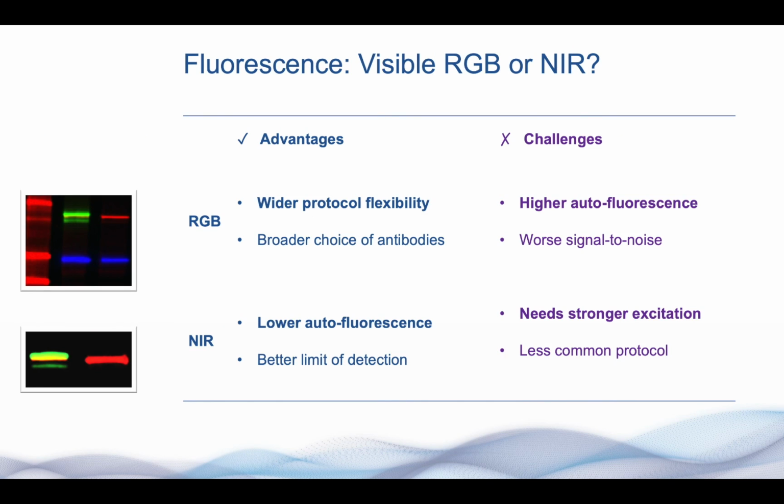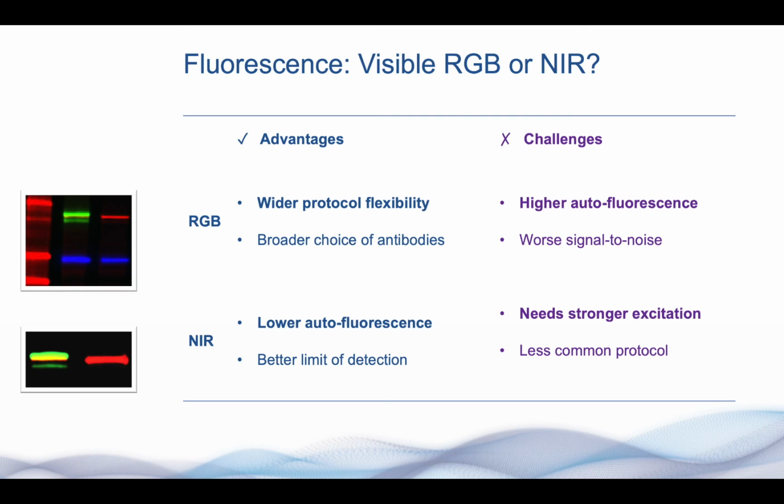So generally, let's have a look back. We can do fluorescence detection with RGB or infrared dyes, or both. The usual advantage of the RGB is that there's much more choice of antibodies and wider protocol flexibility, and a lot of different imaging systems and scanners can detect these.